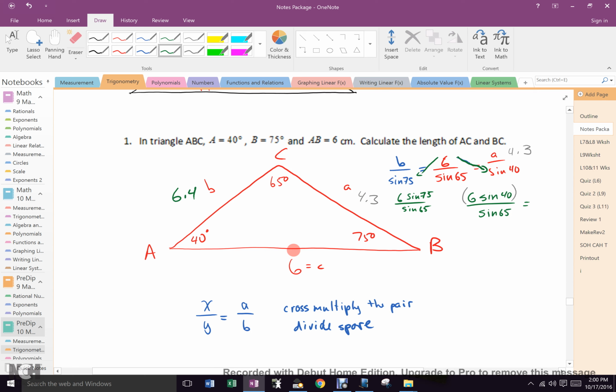Now, what if you put your 75 up here, which would then put your 65 down here? Would that change anything? It doesn't, does it? You still got 75. It still works. You still get the same distances on the sides. Everybody cool with that? Because this is just a representation of a triangle. Okay?